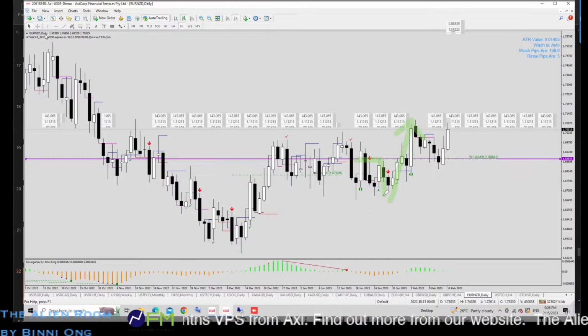So there could be one bar here, and then the other bar had a close above it. And therefore, let me just ask you about this action here.